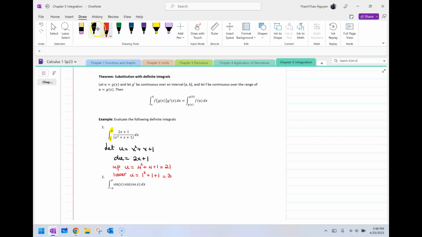So I'll change my limits from 1 to 4 to now be from 3 to 21, because this is in terms of u, of 1 over u du. The integral of 1 over u equals ln of u. Evaluate this from 3 to 21. That is ln of 21 minus ln of 3.